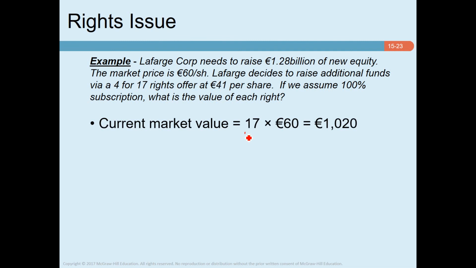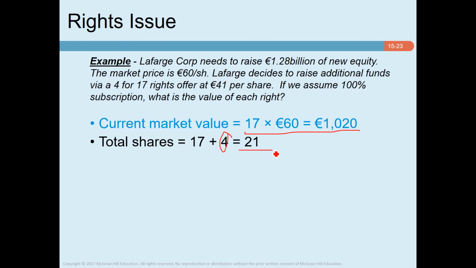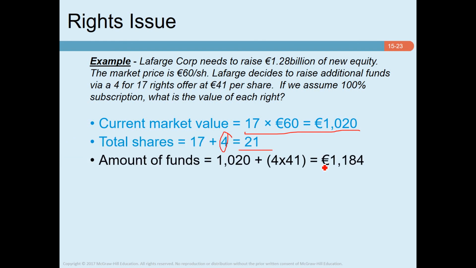So if you have 17 shares, 60 is the current market price, so the value of these 17 shares is 1020 euro. You get to buy 4 new shares, so your total shares will be 21, and you have to pay 41 per share, so you buy 4 shares.